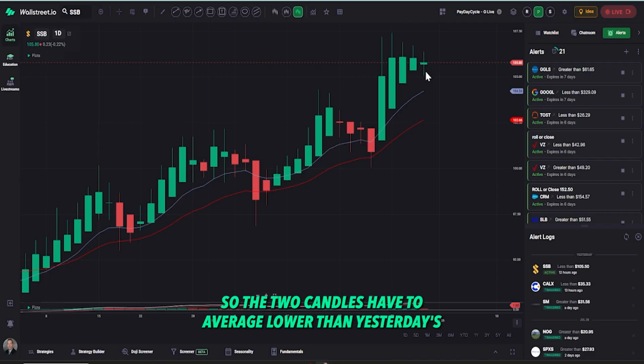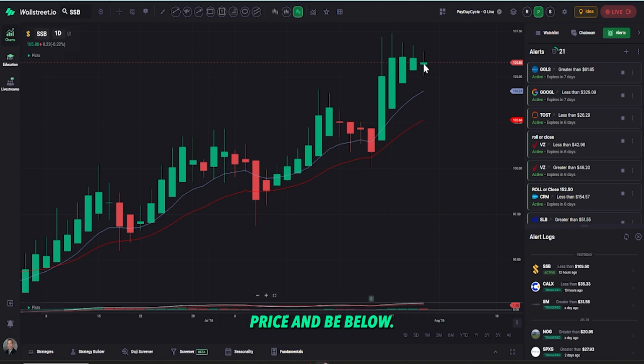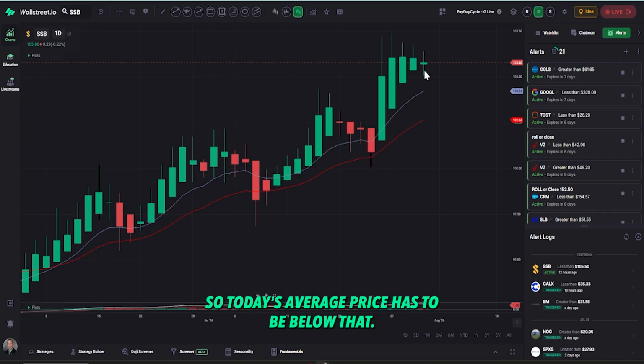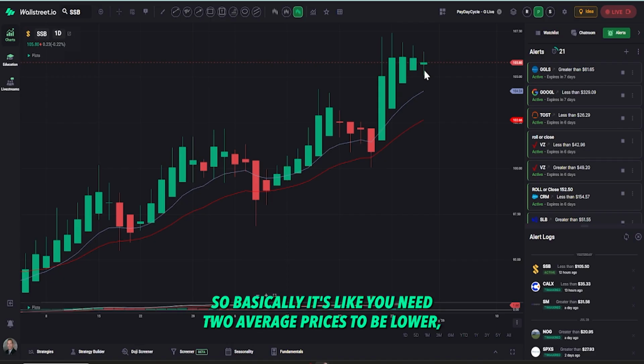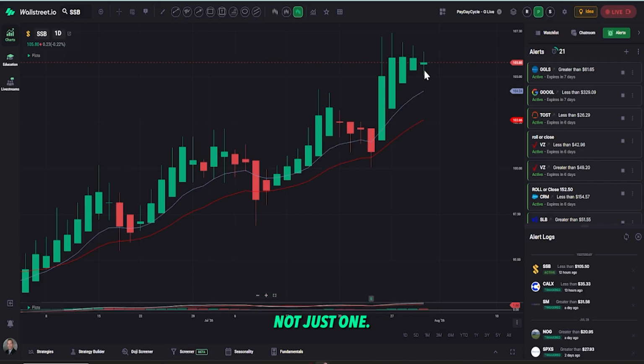So the two candles have to average lower than yesterday's price and be below. Yesterday's average price is where we opened, so today's average price has to be below that. It's like you need two average prices to be lower, not just one. So it stays greener longer.